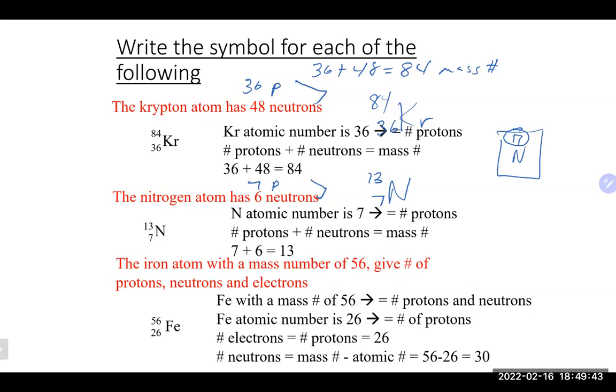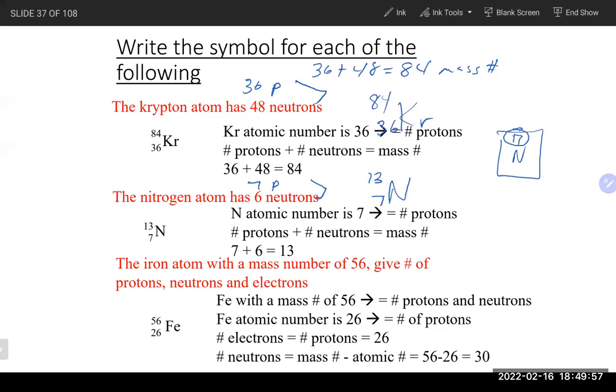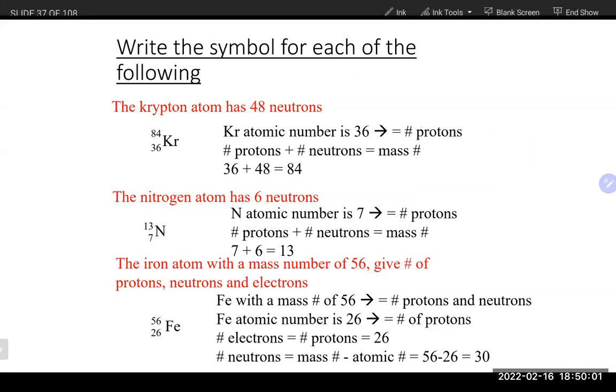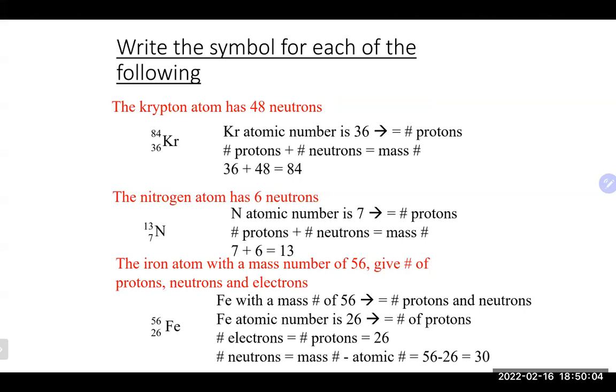What happens though if something did have a charge, for example? So let's see. Okay, let's say we had something actually with a charge.